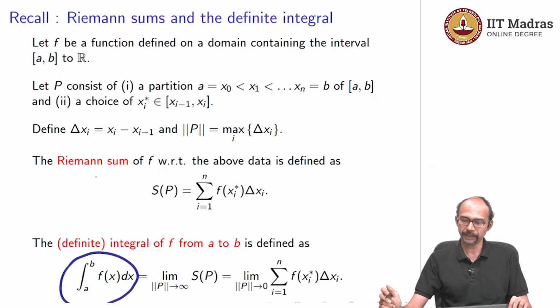There are plenty of examples that we can talk about where the definite integral does not exist. However, if f is a continuous function from a to b, then the definite integral will exist. That is a fact that we have to remember.